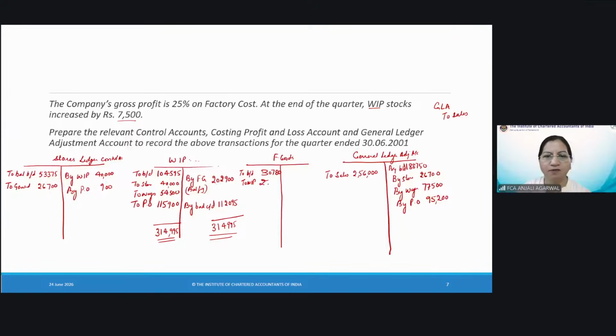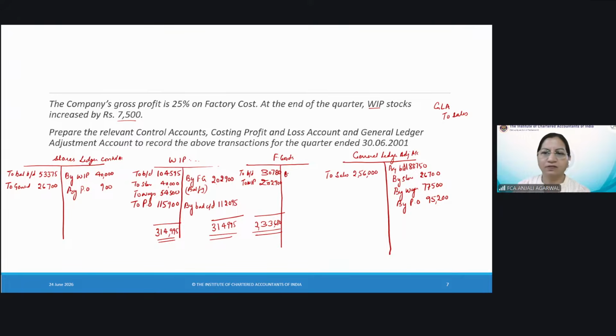So how much do we have as finished goods? 30,780 and 2,02,900. The total is 2,33,680. So we have finished goods worth 2,33,680.